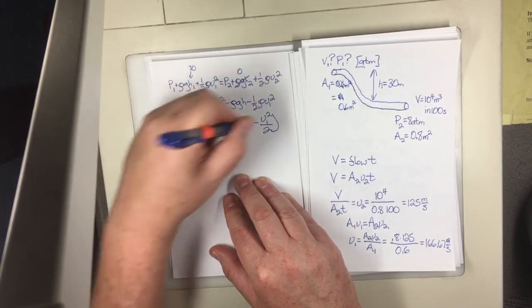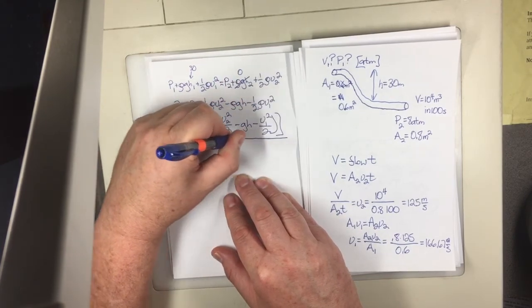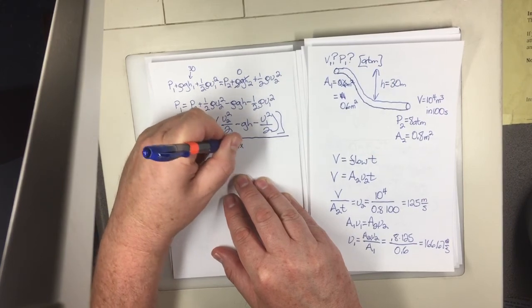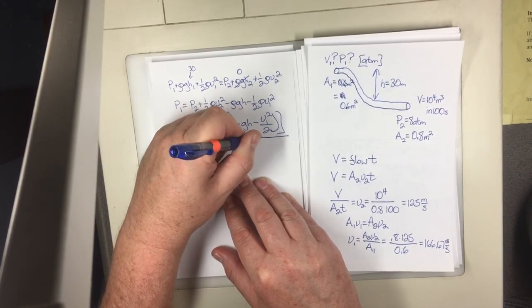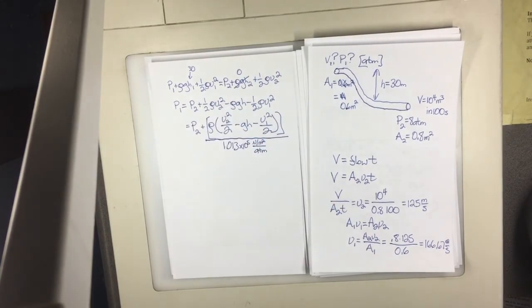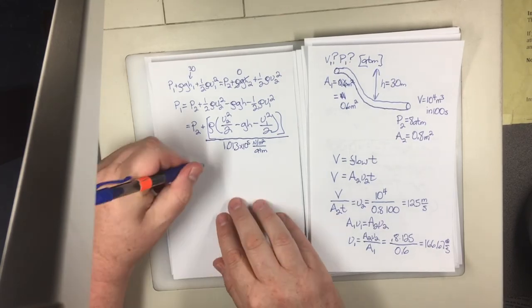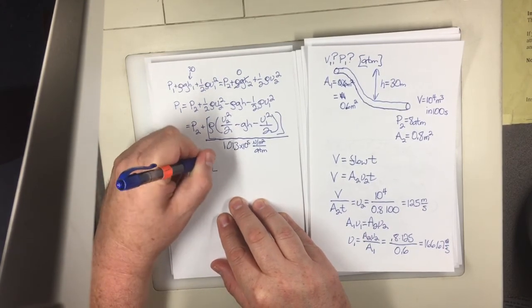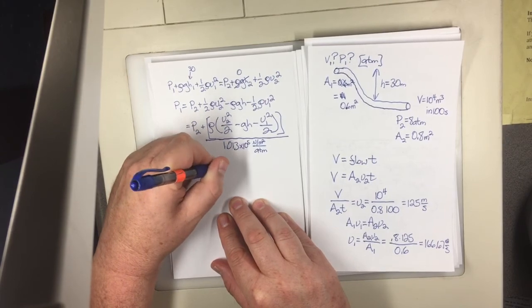And then this whole thing I divide by 1.013 times 10 to the 5th newtons per meter squared divided by atmosphere. So those things, the units cancel and I'm left with atmospheres. Now we plug and chug, and now we figure out how weird these numbers are. Rho is 1,000.